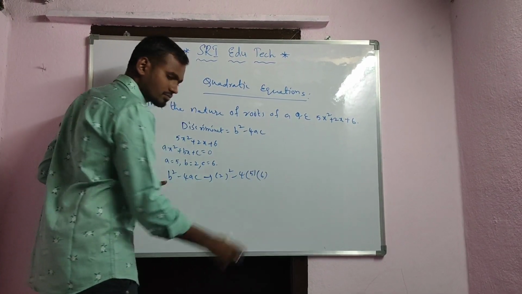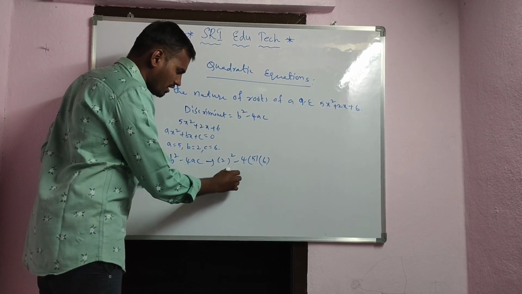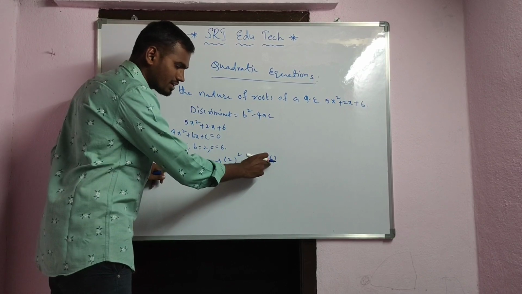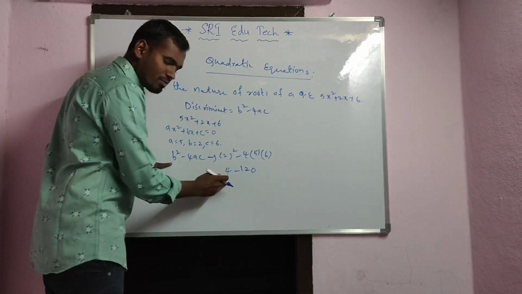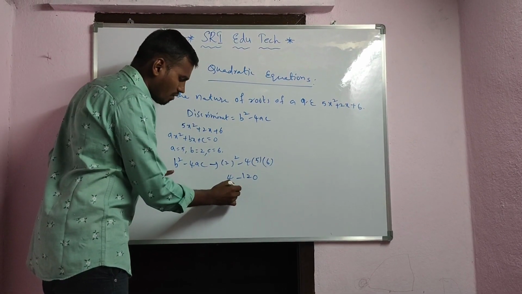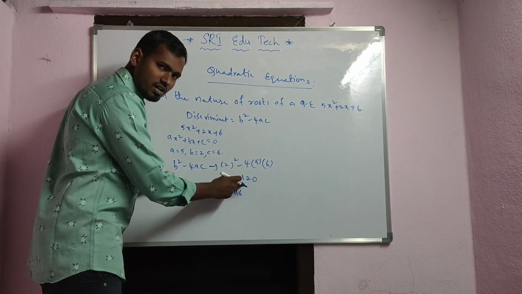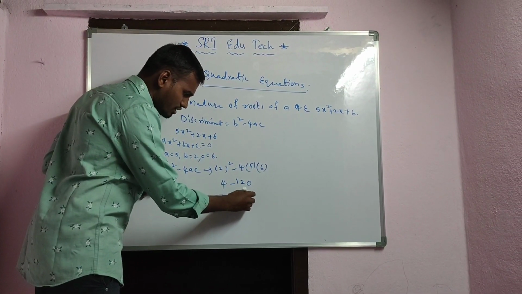Okay, let's see. 2 square means 4 minus 4 5s are 20, 20 6s are 120. Let's see, 120 minus 4, how much? 116. Right? The bigger number has the negative symbol, so keep minus here. It is also less than 0.